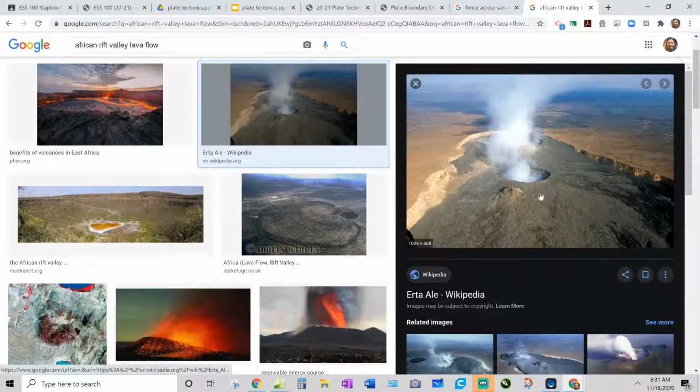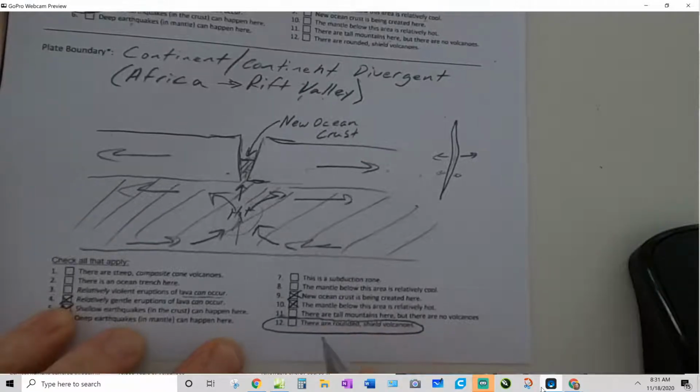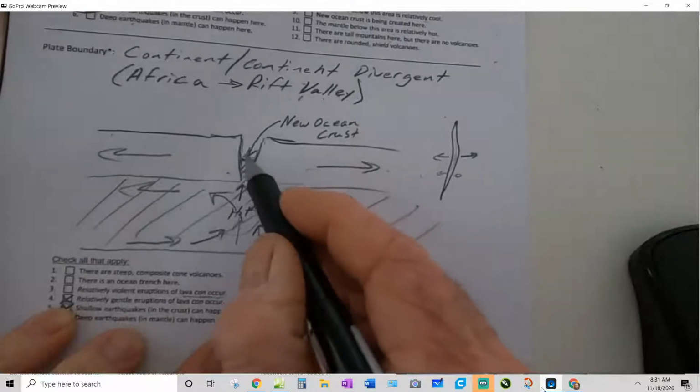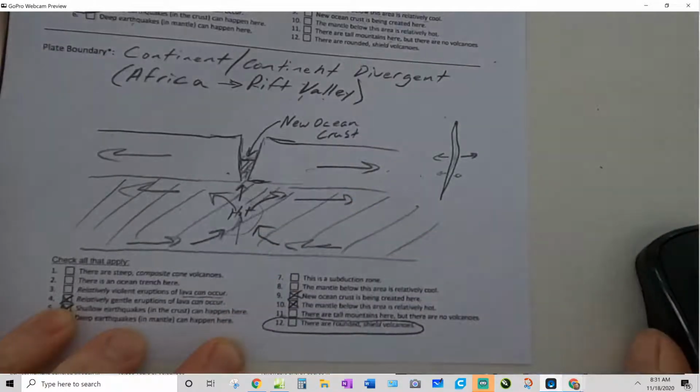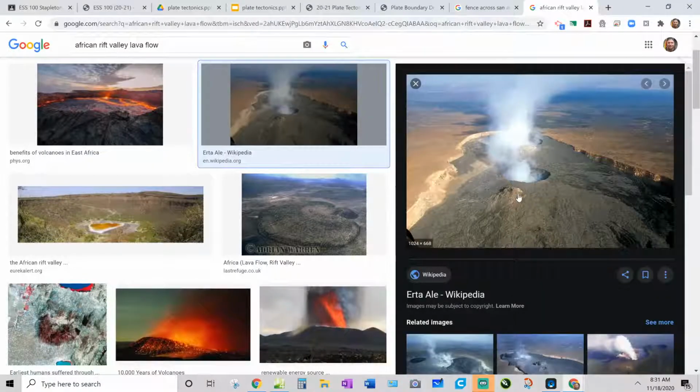So on the sheet that I just gave you, rounded shield volcanoes, if you wanted to select that, you could, because in some cases you do get these rounded shield volcanoes. Over time, though, those volcanoes are just going to fall back into the ground, because this whole thing is going to keep splitting. So they can never really get very high.